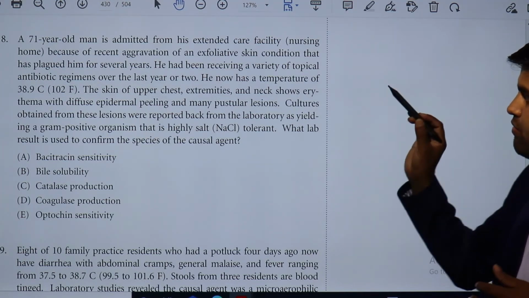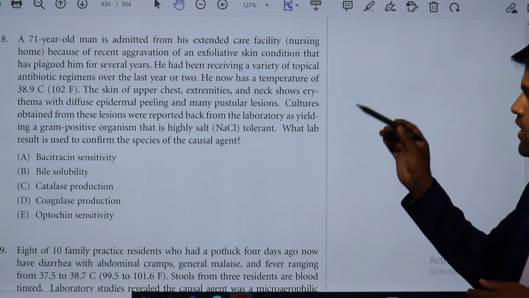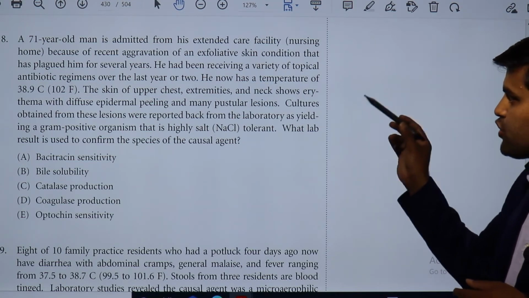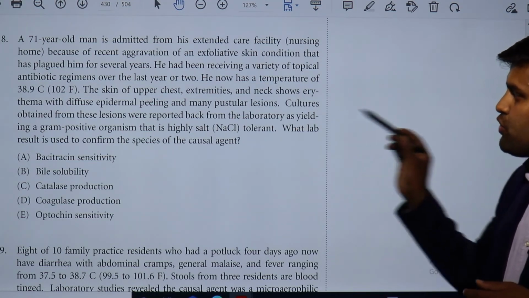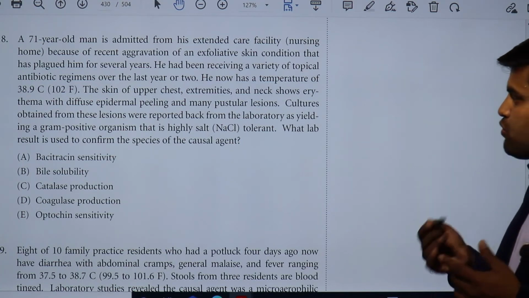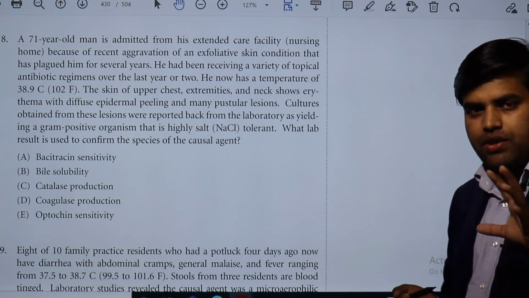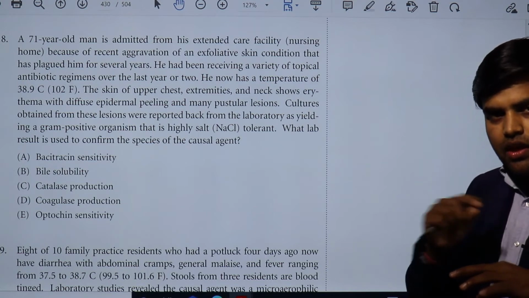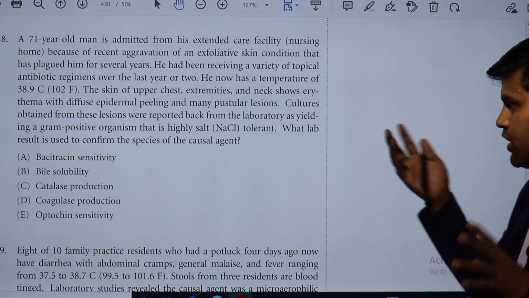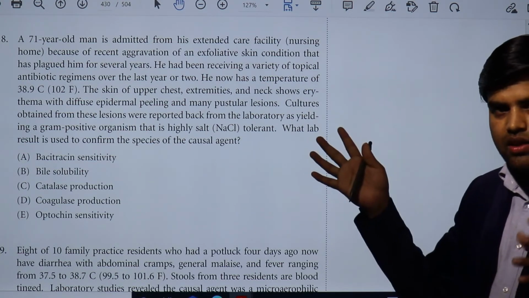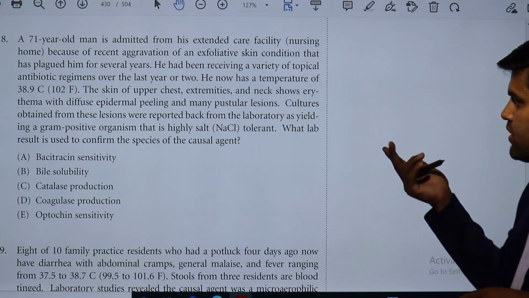Now he has a temperature of 102 Fahrenheit. The skin of the upper chest, extremities and neck shows erythema with diffuse epidermal peeling and many pustular lesions. So you can find a bacterial infection where the skin is peeling off with fever. Okay, then you have to understand, oh, this is the scalded skin syndrome of Staphylococcus aureus actually.